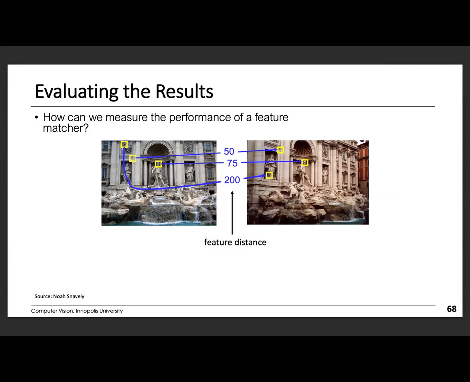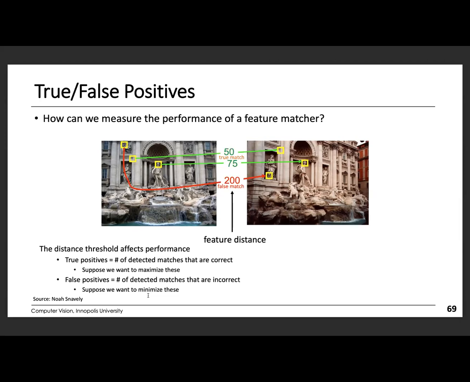This location was able to be matched to this location, but for some reason, it said that the legs of this statue are very, very similar to the head of this thing in here, which is not very correct, right? Sorry. So these are true matches, and this is a false match.